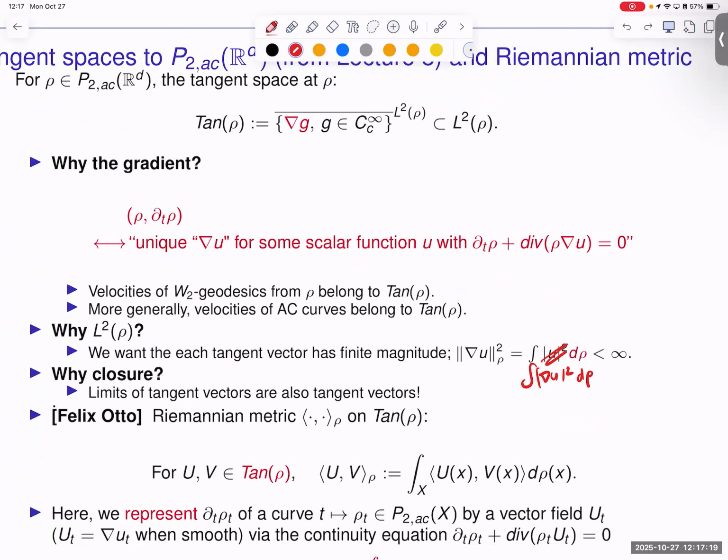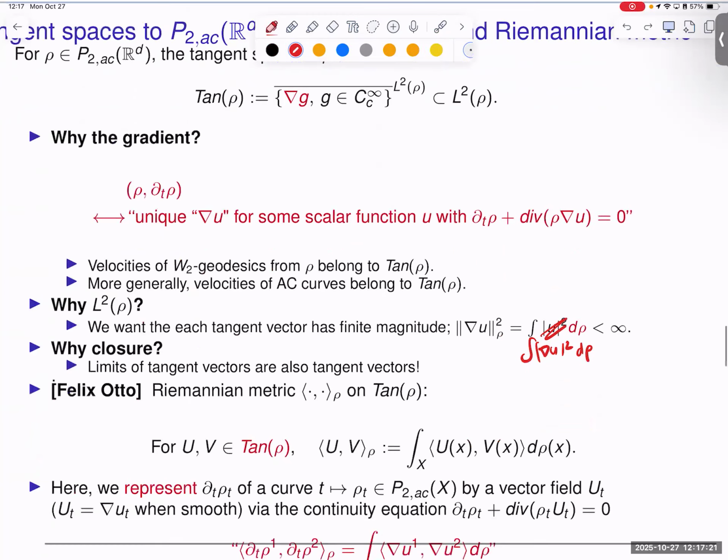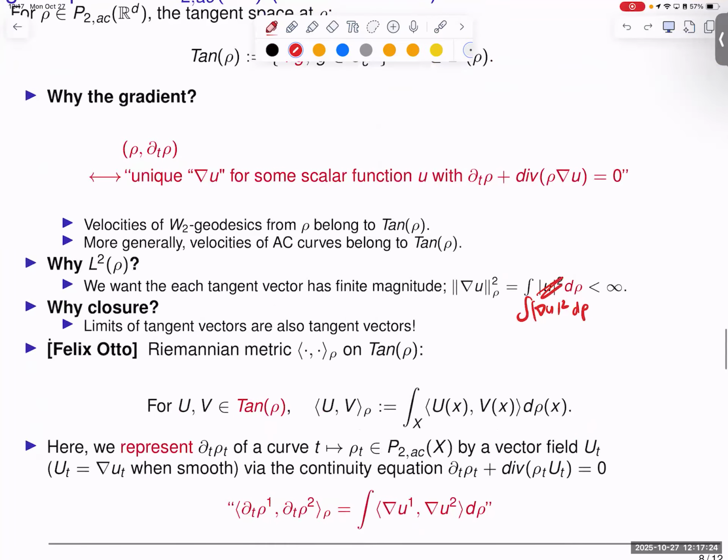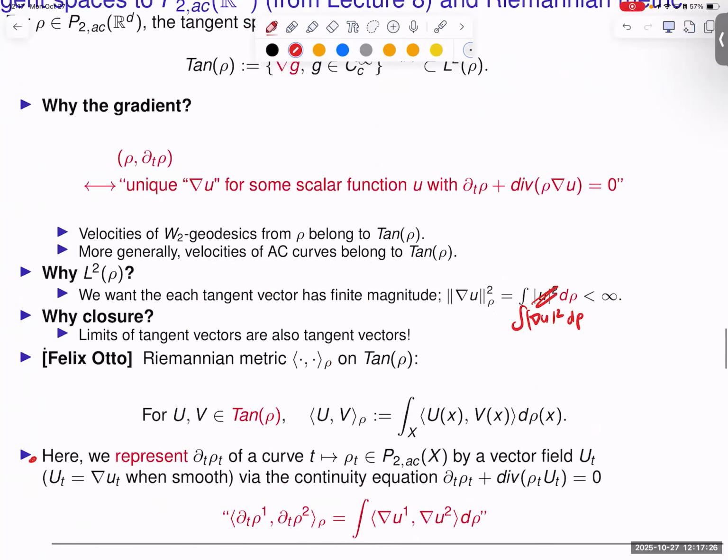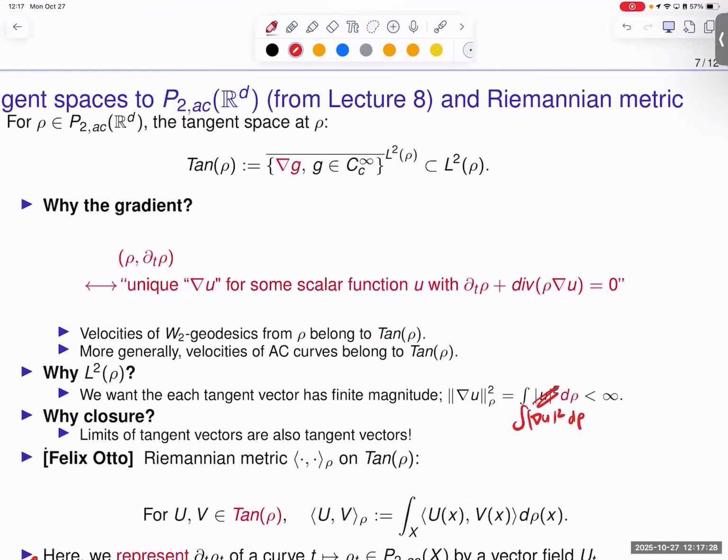The Riemannian metric, given any tangent vectors at rho, is given by this, and of course this inner product depends on your location x, for a general Riemannian manifold.